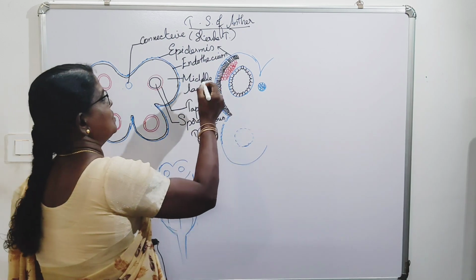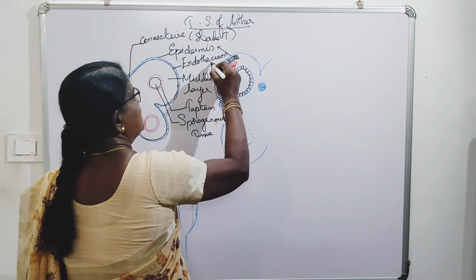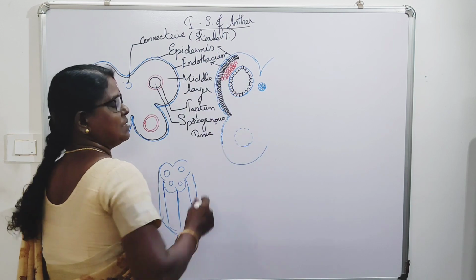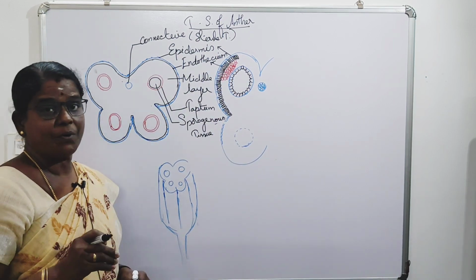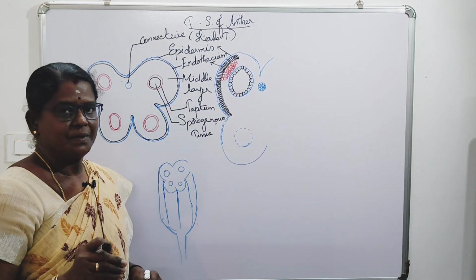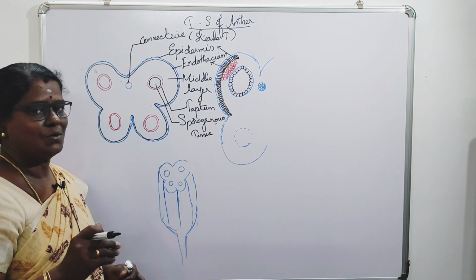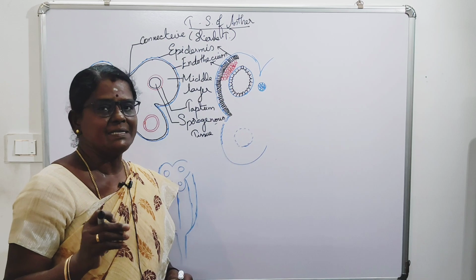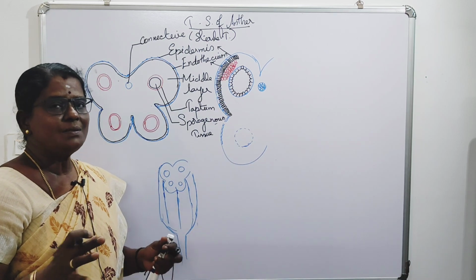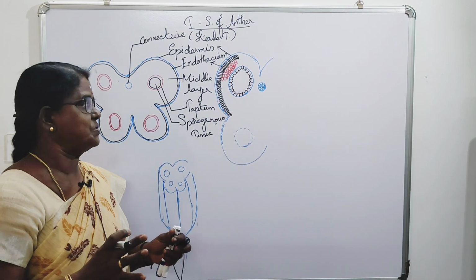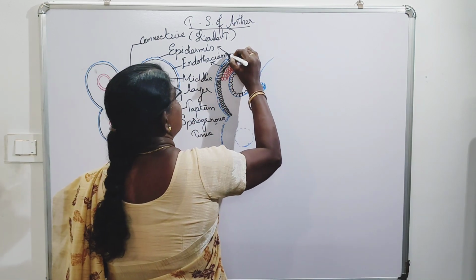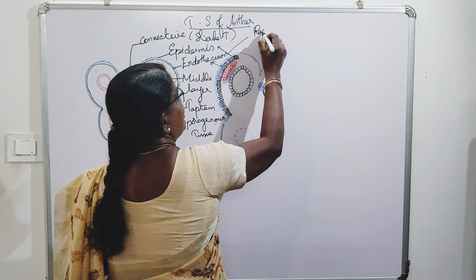Next layer is known as endothecium. This endothecium is also made up of a single layer. In the endothecium, the cells are arranged radially. All the cells are compactly arranged.